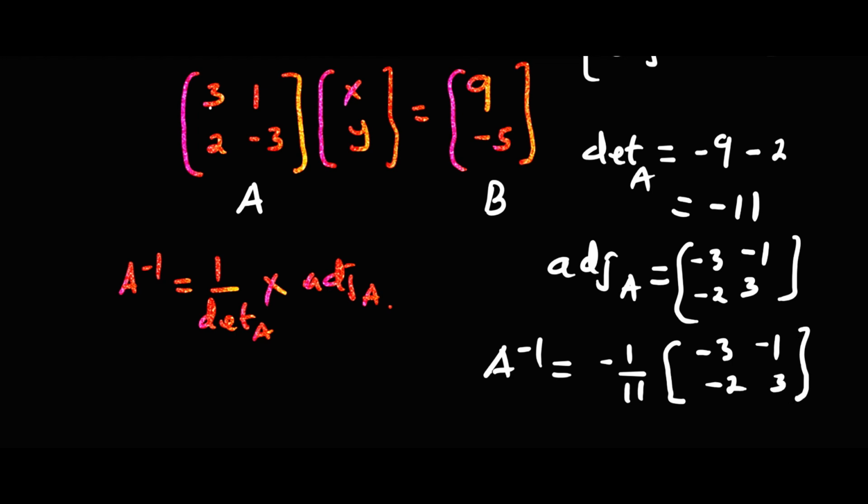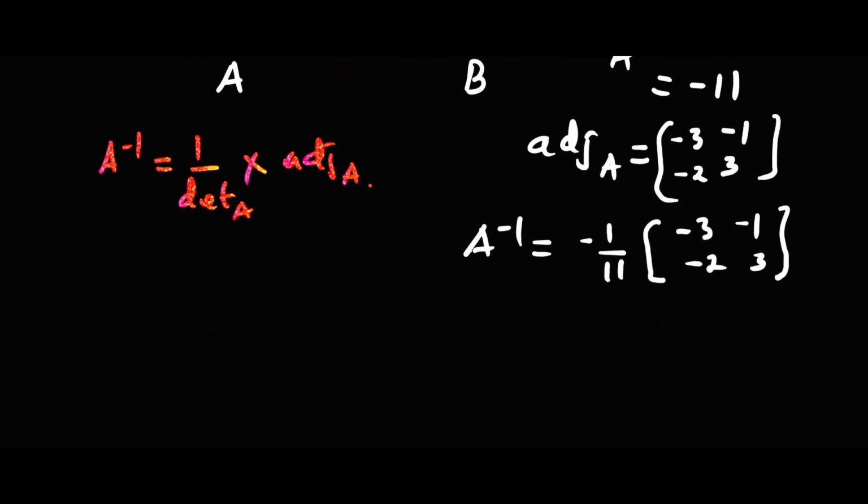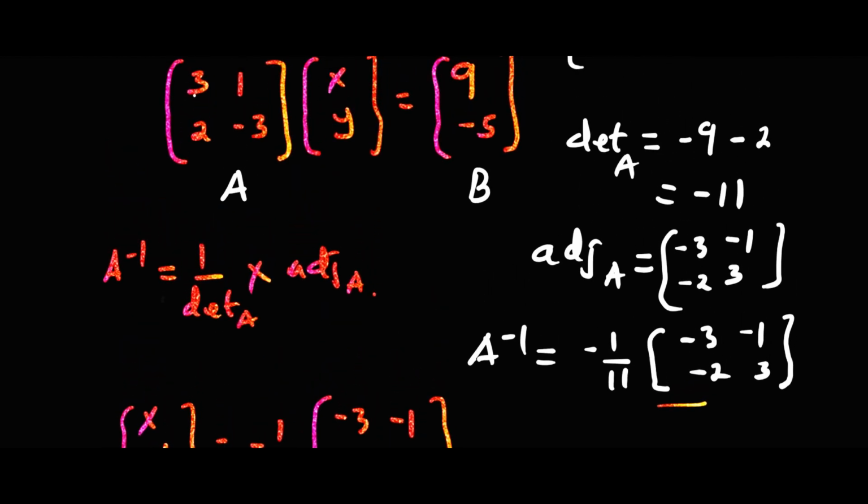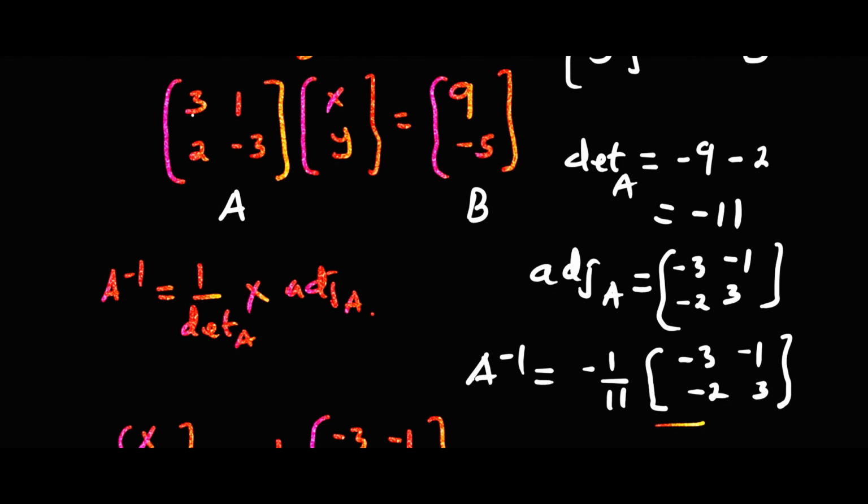We can just get the unknowns. So remember, the matrix x, y is going to be equal to the inverse of A, which you have found to be minus 1 over 11 into negative 3, negative 1, negative 2, 3, times B. B was the one on the right hand side, that is 9, negative 5.